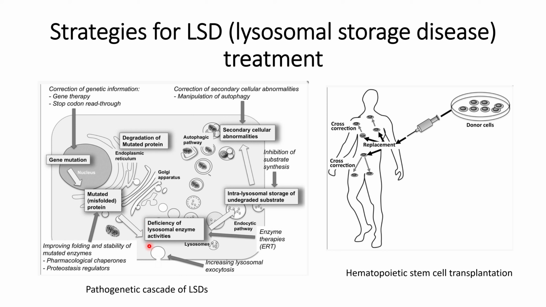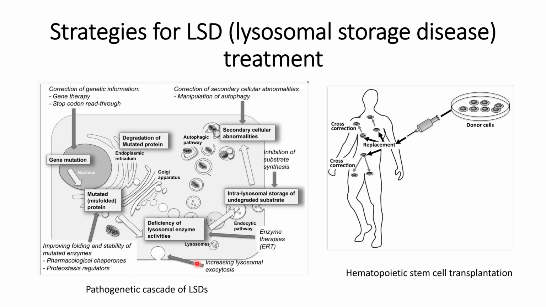The next step is that this might lead to deficiency of lysosomal enzyme activities, because proteins are not in their native structure. So this might affect the final lysosomal enzyme activity. This can be compensated by increasing lysosomal exocytosis.